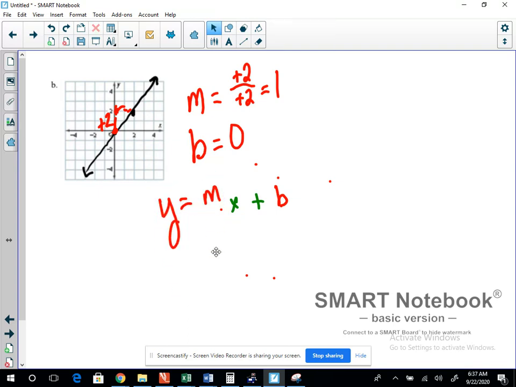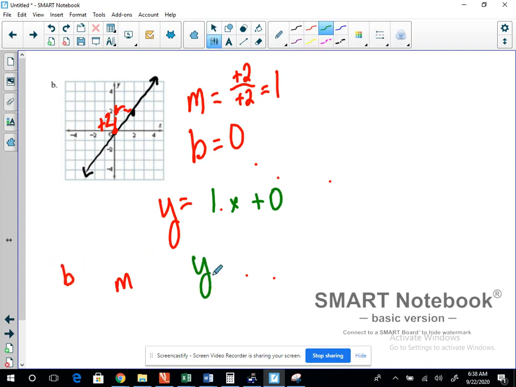I'm going to get rid of the m and put in a 1. I'm going to get rid of the b and put in a 0. When we write 1x, usually we just write x, and we usually don't put plus 0. So that one, 1x plus 0 just is y equals x.